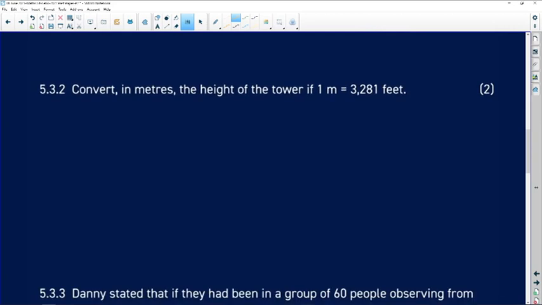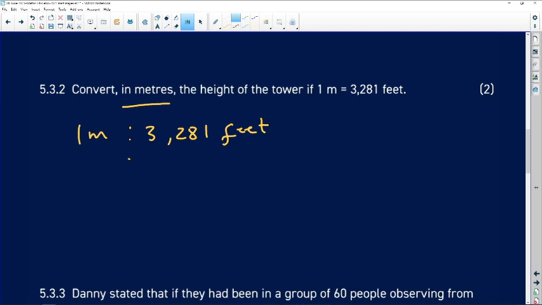Convert the height of the tower to meters. So we're moving from known to unknown again. If 1 meter is 3,281 feet, we want to know what it's going to be in meters.